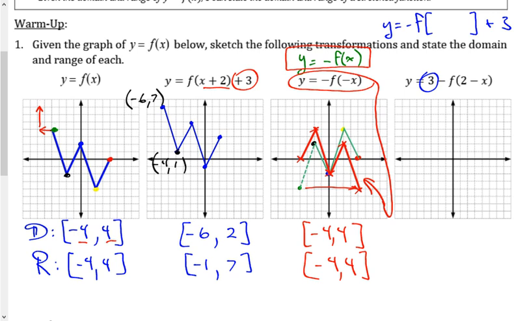The next thing I have to do is, inside here, I need to factor out the -1 from those terms, so that I'll have a negative times x minus 2.